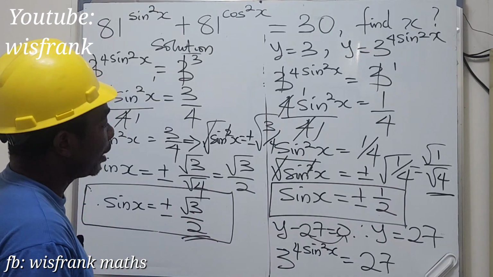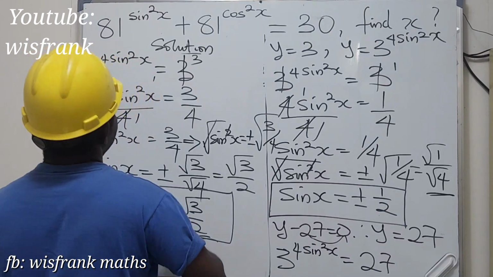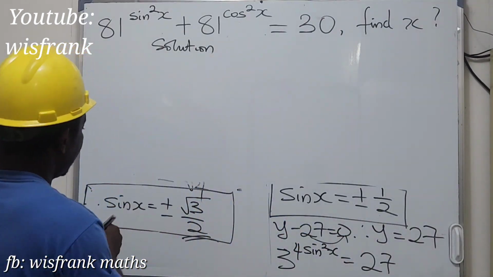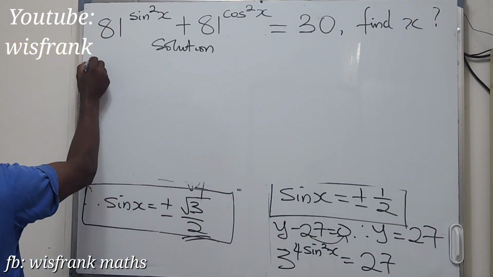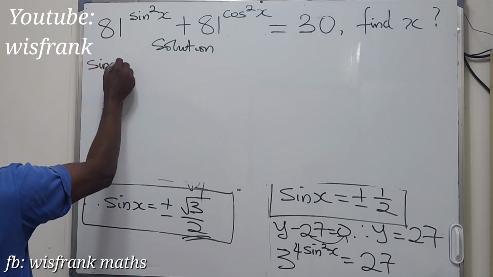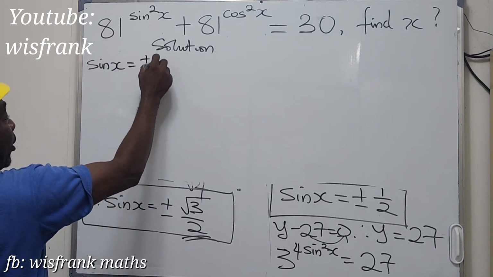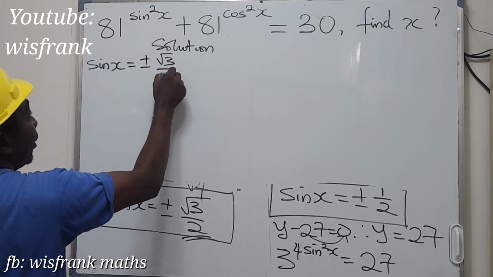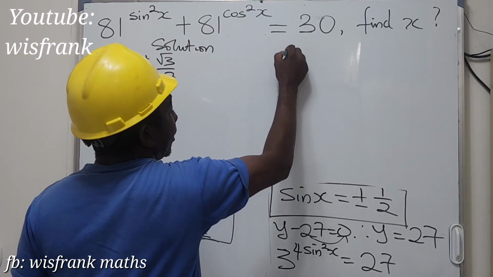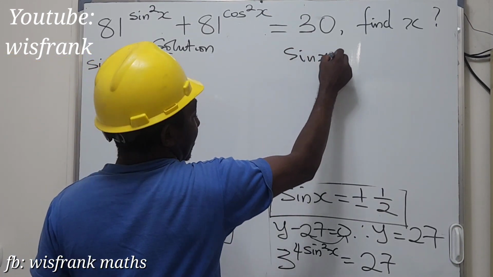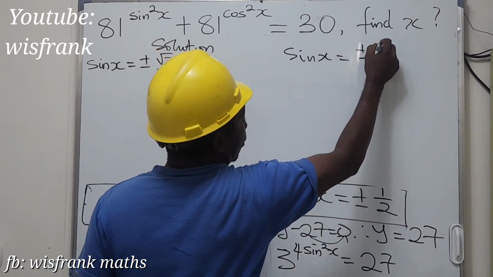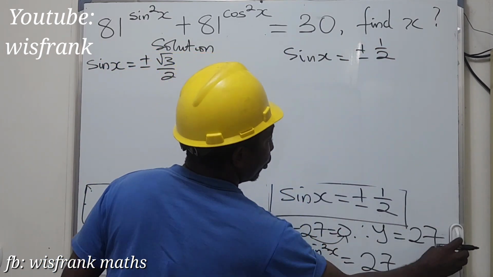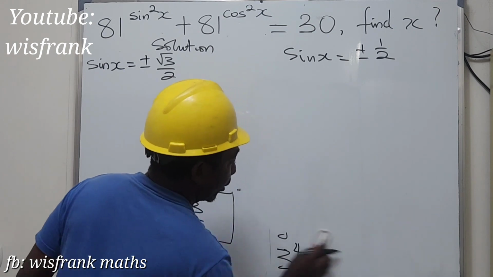So let's move over to this other side. Before we go, we need to transfer this to the other side. So we have here sine x equals plus or minus root 3 all over 2, and here sine x equals plus or minus 1 all over 2. Let's clean this for a clearer view.